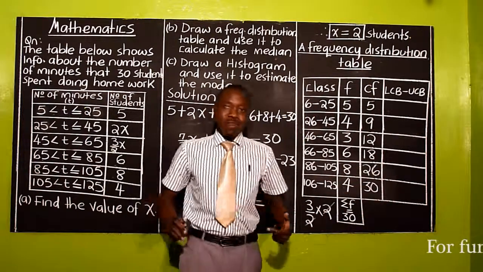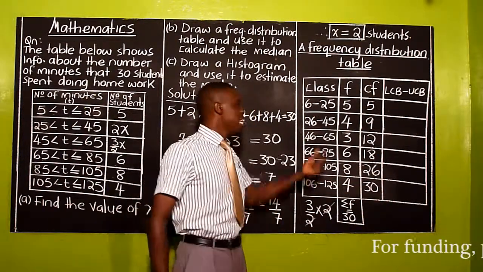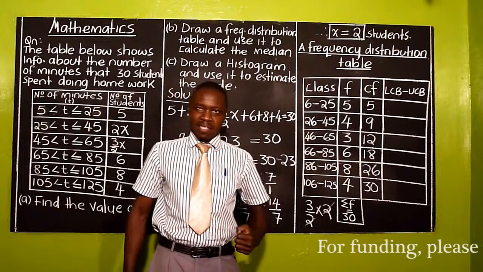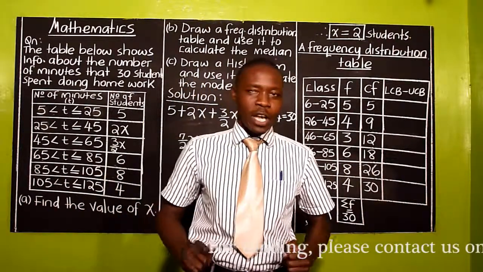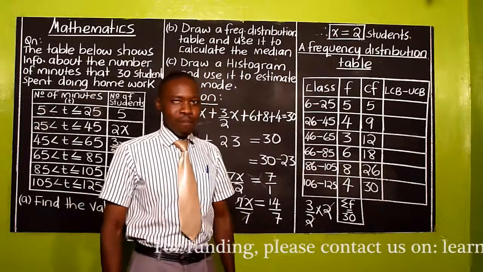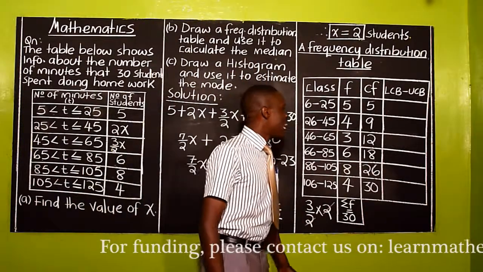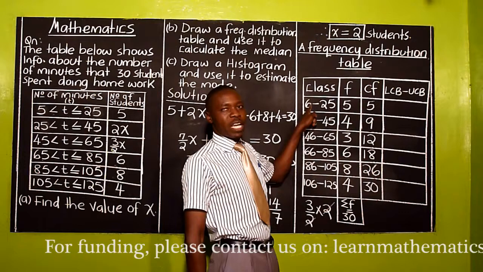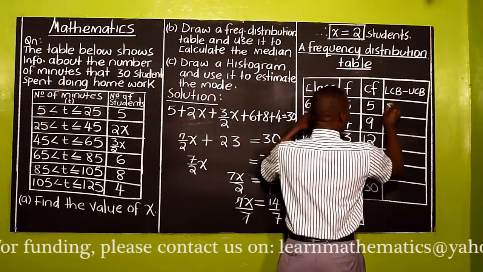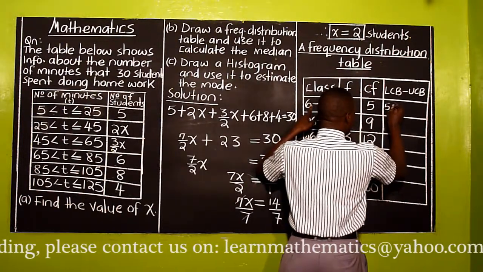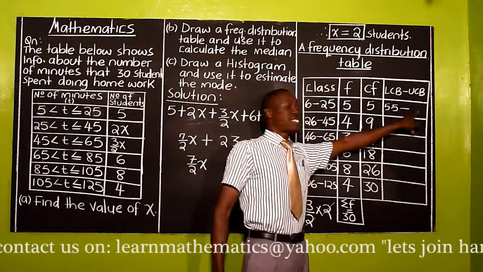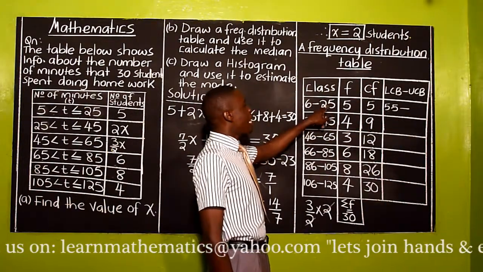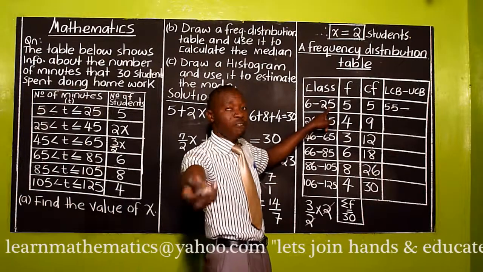So, one thing we need to know is, the moment we are dealing with whole numbers, then we do add and subtract 0.5. So it implies that we are going to get 6 minus 0.5 to give us 5.5. To get the upper class boundary, we get the upper class limit and add 0.5.